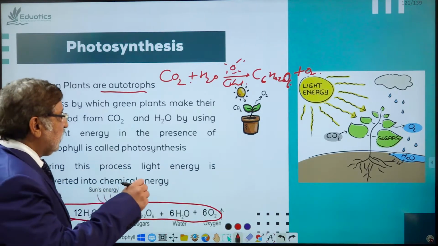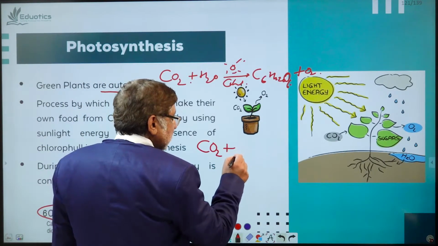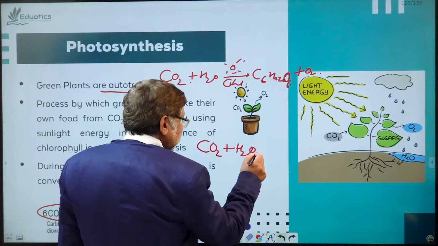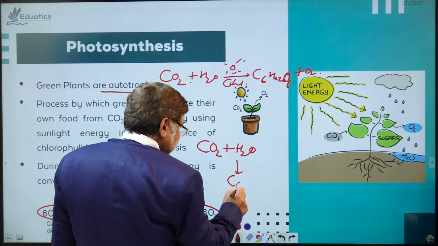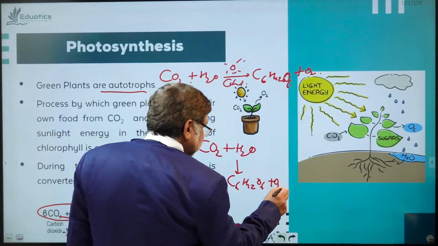In the course of your lectures, you will find carbon dioxide plus water gives glucose plus oxygen.